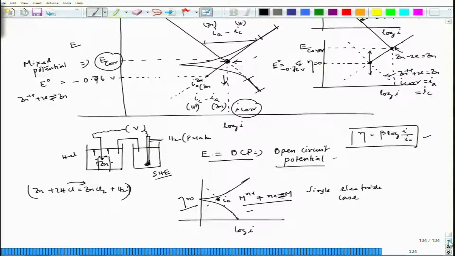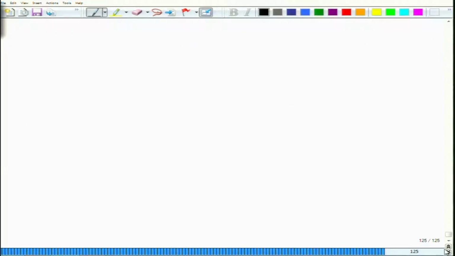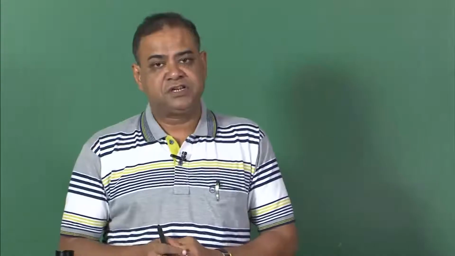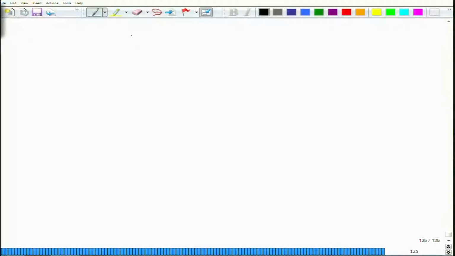Now, let us consider some effects of mixed potential theory, some considerations of kinetic factors. One such kinetic factor is definitely I0. I0 for the hydrogen evolution reaction on different metal surfaces is different.